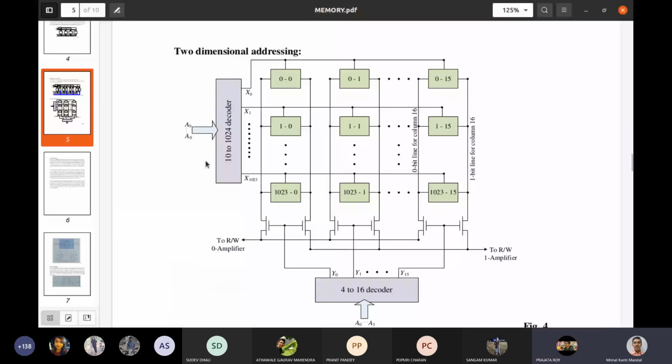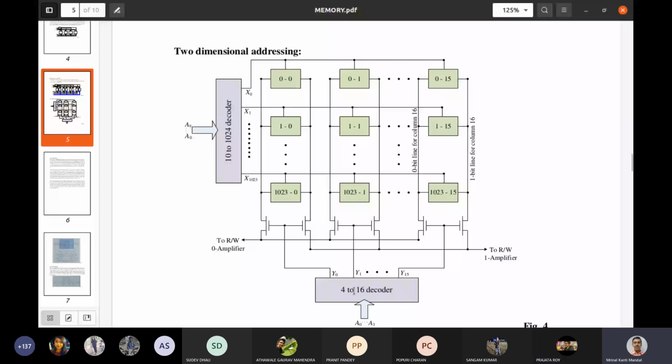If we consider 4K into 32 bit, then the row decoder will be 4K, that is 4096, and the column decoder will be for 32 bits, right?